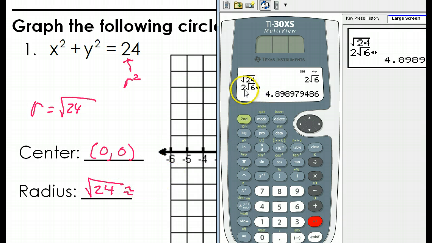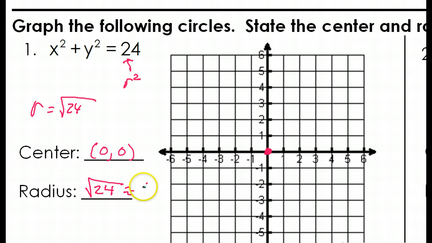Now that I look at it, 2 radical 6 is better. Even the radical 24, let's not ever write that. Let's go with the 2 radical 6 version. So there's your radius, approximately this.